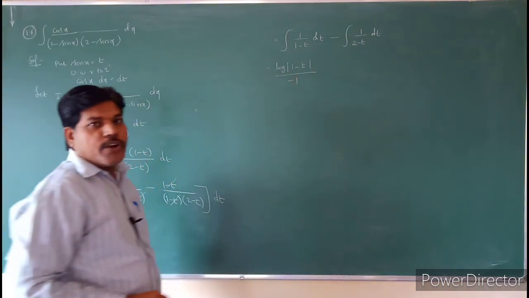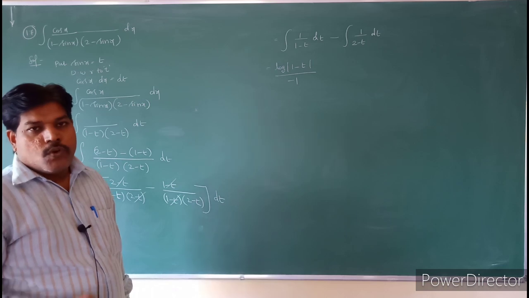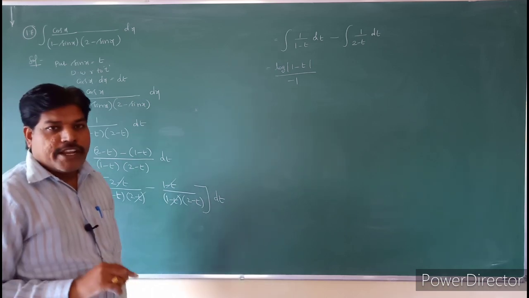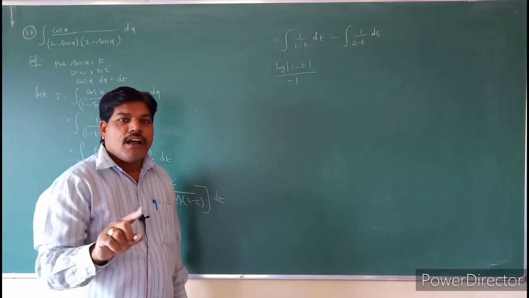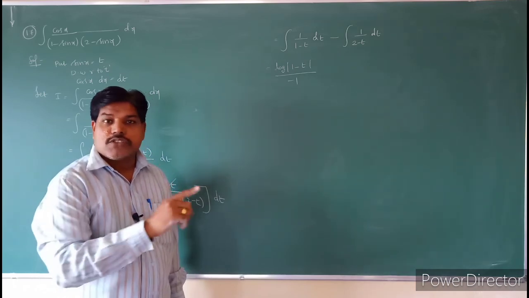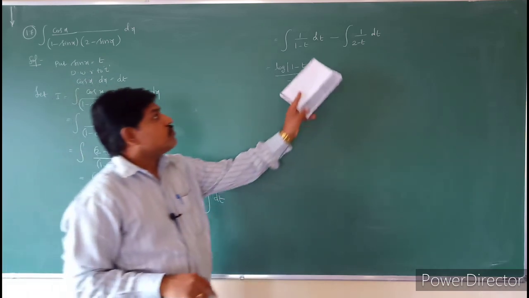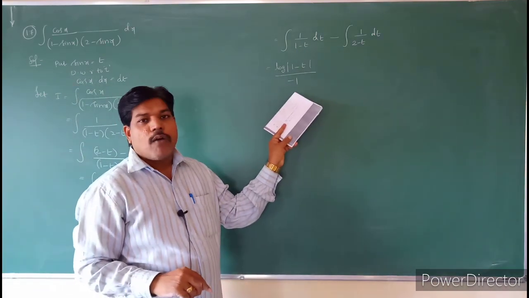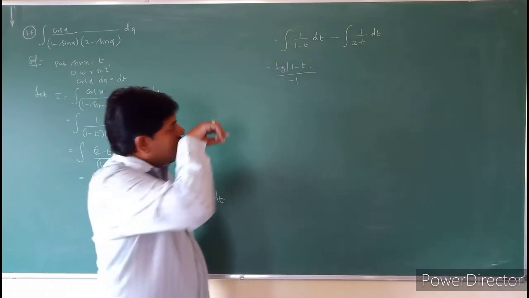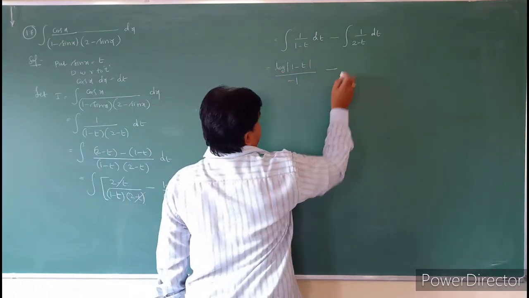You have to take that in the denominator. 1 minus t derivative is minus 1, so you have to take the minus 1. In the previous questions you are getting the ax plus b derivative as 1, so that's why we are not writing it here. But in this question 1 minus t derivative is minus 1. Compulsory you have to write it in the denominator.